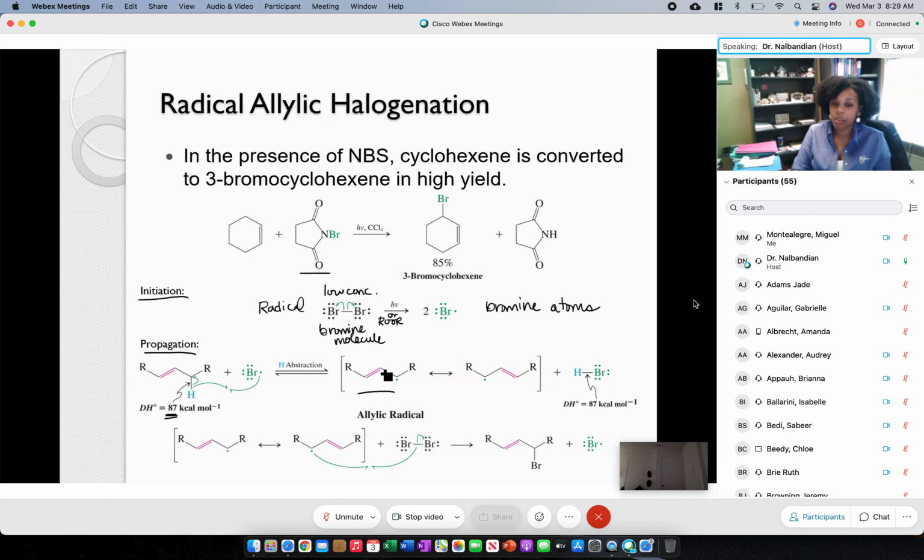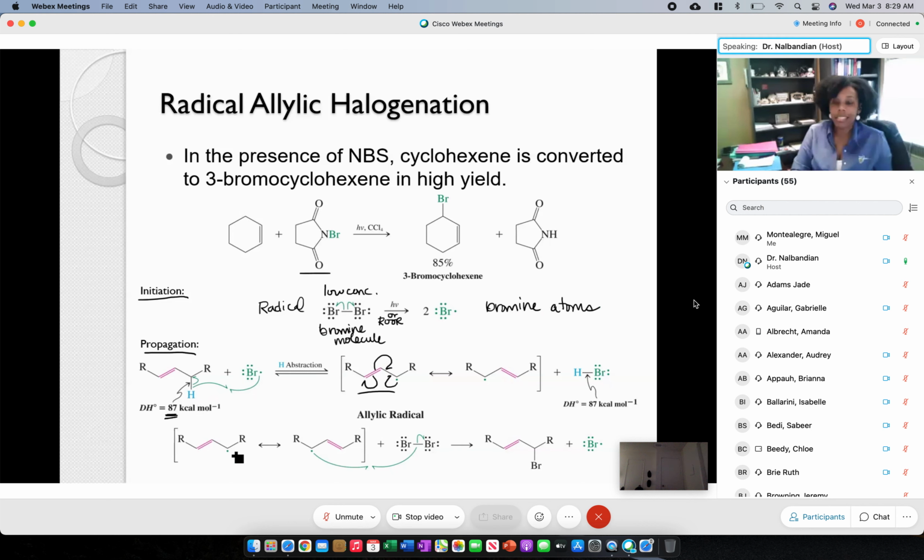And so we end up with this allylic radical. And we know that the allylic radical can be stabilized by resonance. So by resonance, from that unpaired electron into the middle, from the middle of that carbon-carbon double bond into the middle, and from the middle of that bond onto that carbon.